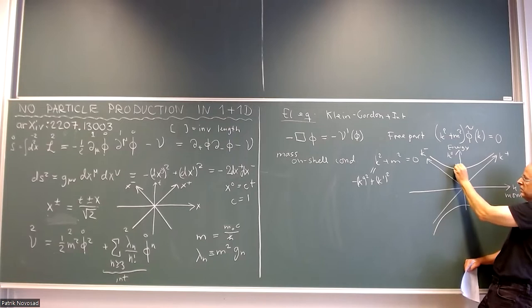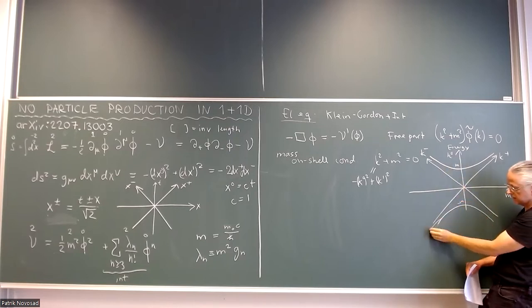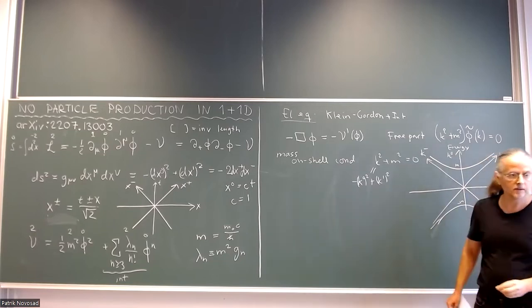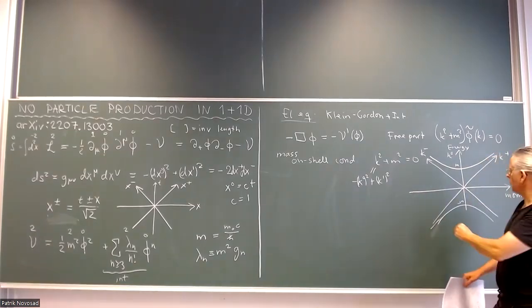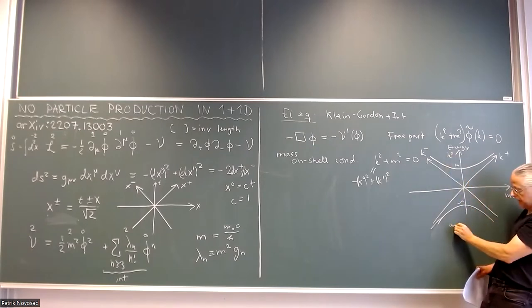Here where we have an m and a minus m, and it goes like this. Does it make sense? And of course when the energy k0 is negative, then we will talk about anti-particles.